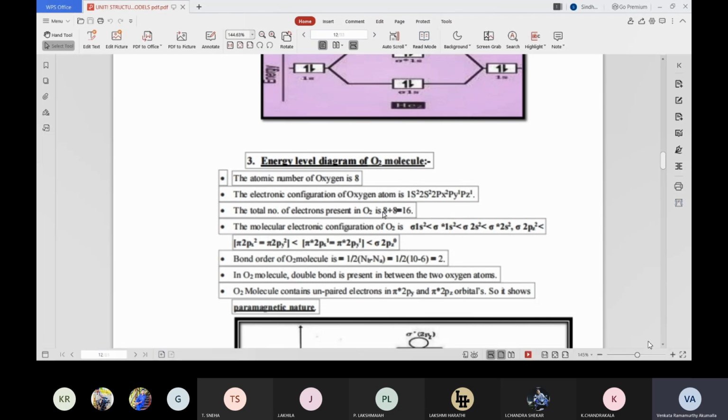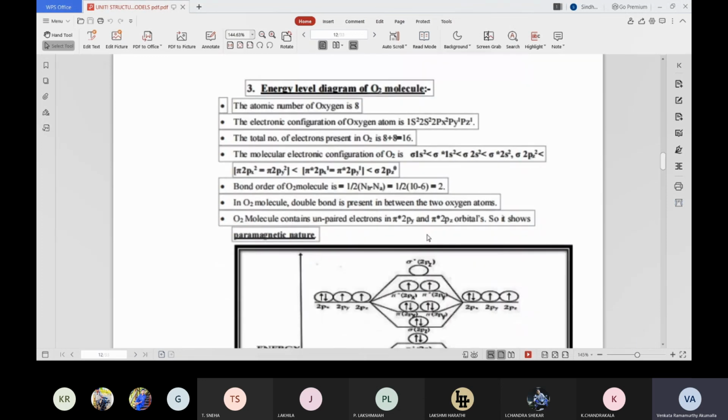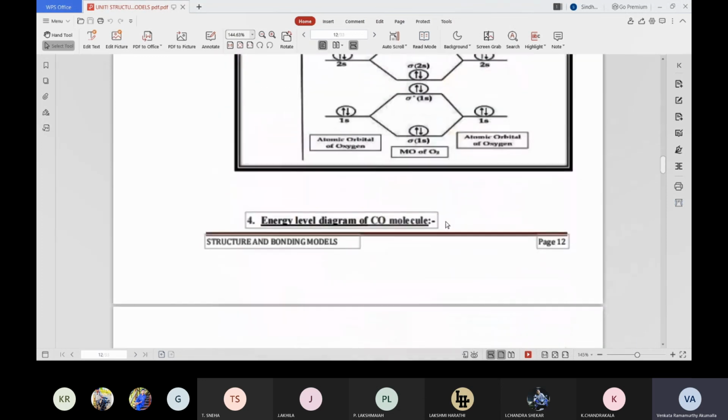That is a very important 2 marks question. So that is the energy level diagram of the oxygen molecule, and that is over.